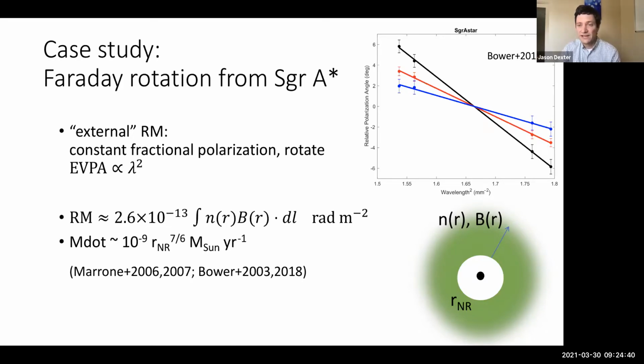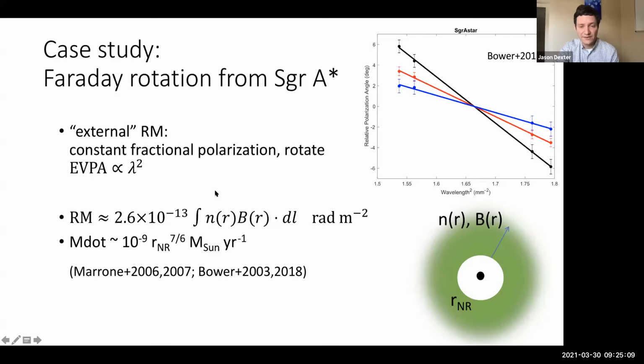Okay, and so what you can do then is imagine that what's happening here is a model developed by Dan Marrone et al., where you have a polarized point source near the black hole that's radiating, and then this fuzzy green stuff is an ambient accretion flow falling onto the central source. And so your Faraday rotation measure, written as an integral here, is related to this coefficient, the form of this coefficient rho V in the non-relativistic limit.